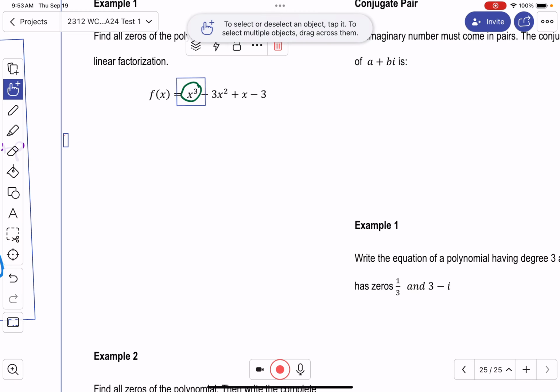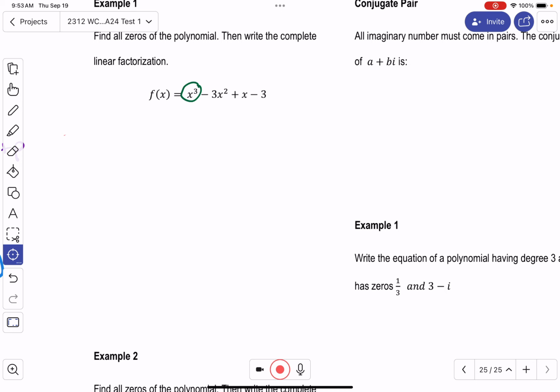The problem with that, though, is that the fundamental theorem tells me I need 3 solutions. So I know that one of my solutions is 3. We're going to find all the zeros of the polynomial. The first zero is going to be 3.